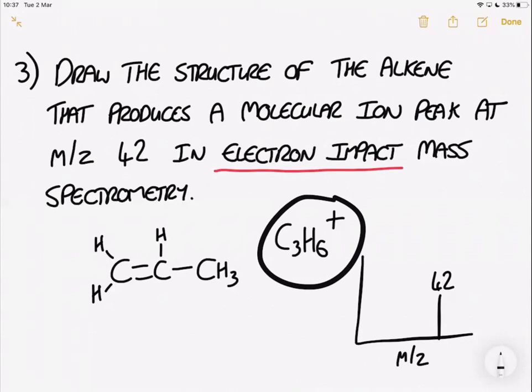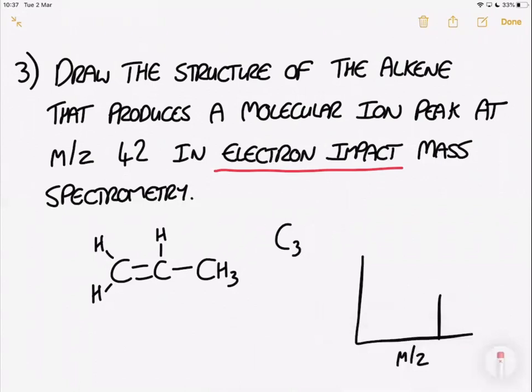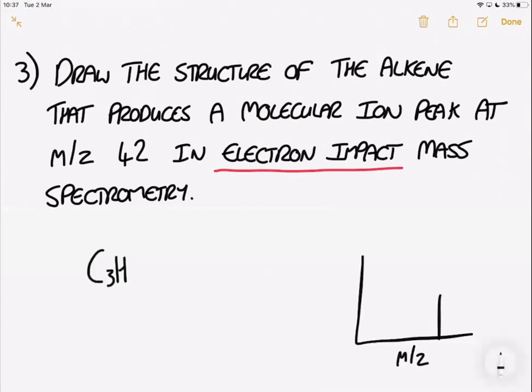Again, while we're talking about this, if you were to do electrospray ionization on propene, which you wouldn't because it's a nice small molecule, but let's just say for the sake of argument, right? Normally electrospray is used for much larger substances, usually proteins and polypeptides and stuff like that. But let's say you did, then your propene molecule would not have lost an electron.